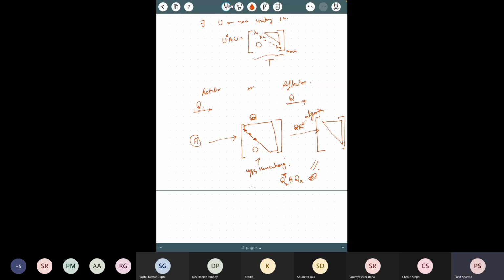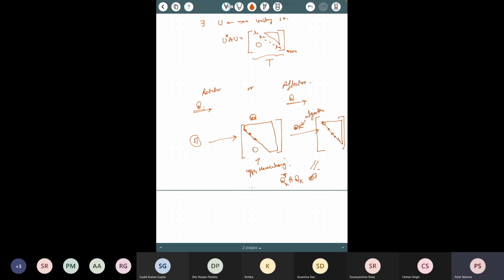Under certain conditions, this algorithm converges. That means you can convert A into an upper triangular matrix using similarity transformation, and therefore you can identify the eigenvalues of A by looking at the diagonal entries. This is the basic idea of finding eigenvalues of a matrix by the QR algorithm, but in the background it is rotators and reflectors which are useful.